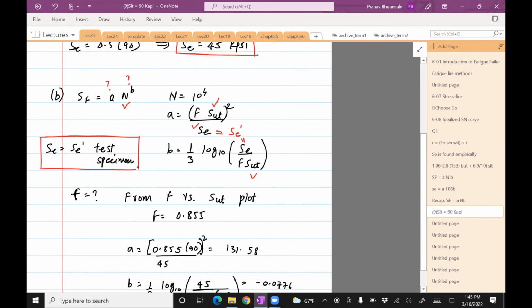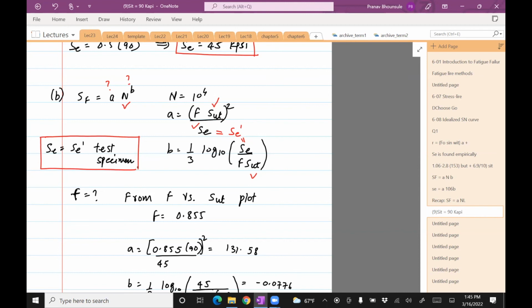That's because you take so much care in ensuring that the test specimen operates in ideal lab conditions and loading conditions, and it's machined the right way. But in the actual machine element, it'll operate at different temperatures, it would not be perfectly machined, and so on. So there are a lot of factors which make the SE on the machine element lower in value than this one. And the bigger the value, the bigger the load carrying capacity. So no doubt it will reduce the strength because of all those various factors.